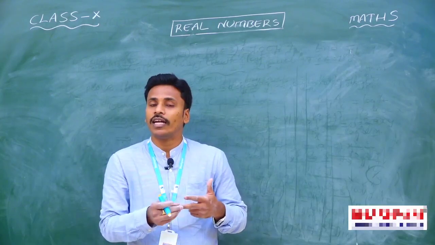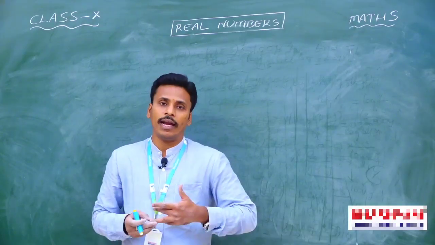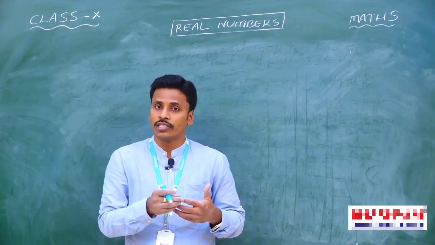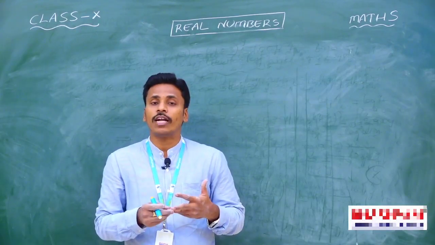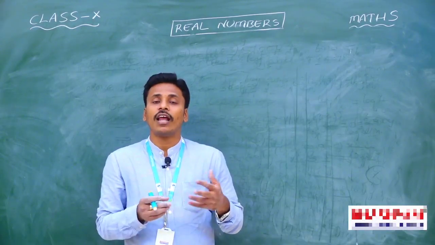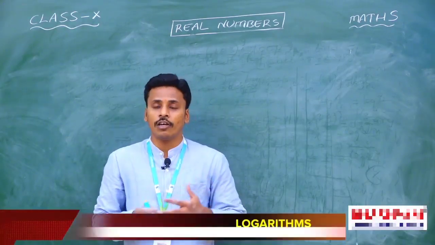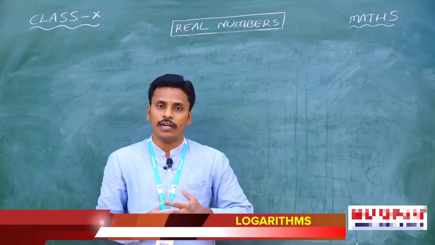After that you have the fundamental theorem of arithmetic. You need to revise the statements of Euclid's division lemma and the fundamental theorem of arithmetic. Using the fundamental theorem of arithmetic, there are different problems in our exercise, like finding LCM and HCF, and proving a number as prime or composite.